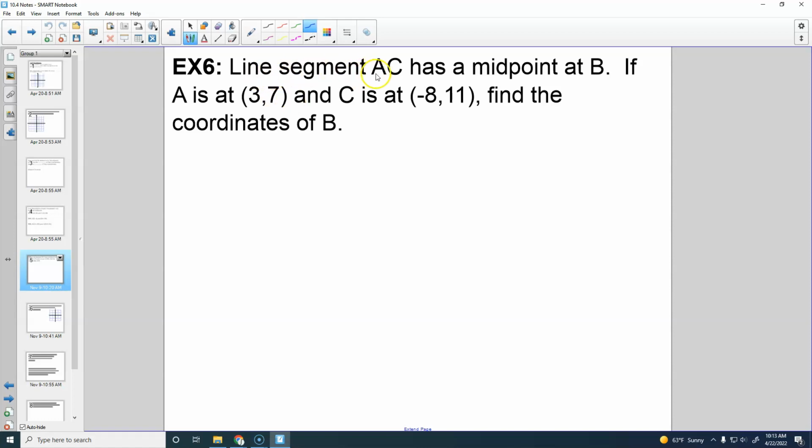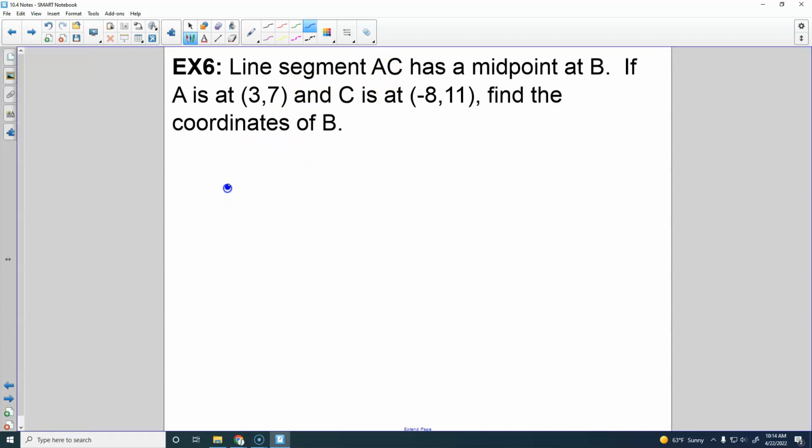Okay. So line segment AC has a midpoint at B. So when I see line segment AC, we name line segments by the endpoints. That tells me that this line segment has A on one end and C on the other. And B is the midpoint, so B is halfway between.